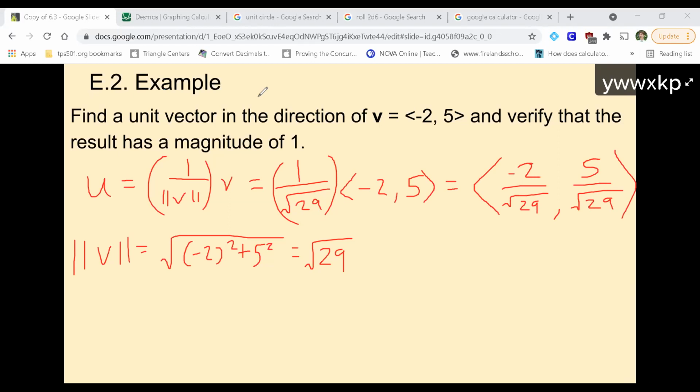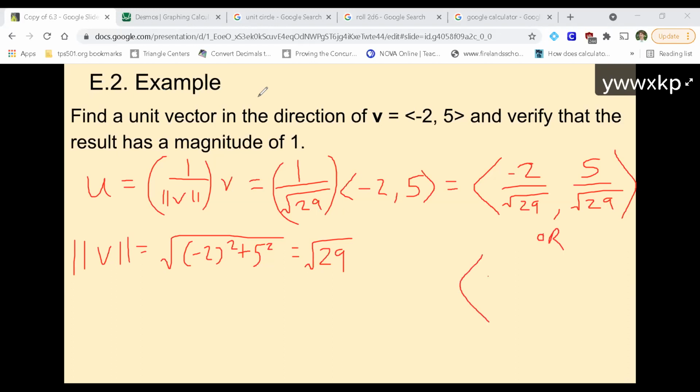Okay, I know what you're saying. Mr. Lake, I'm offended that there is a radical in the denominator. I will tell you in WebAssign, they're going to accept that answer. On the ACT, they won't. So to fix that, we multiply by the denominator.